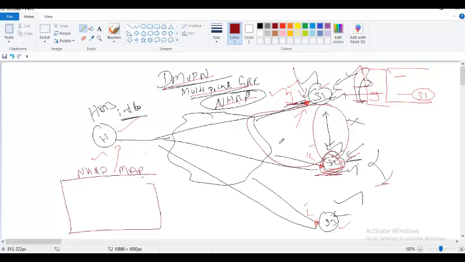So the NHRP table has clear information about the other spokes. NHRP has maintained all the spokes' information.